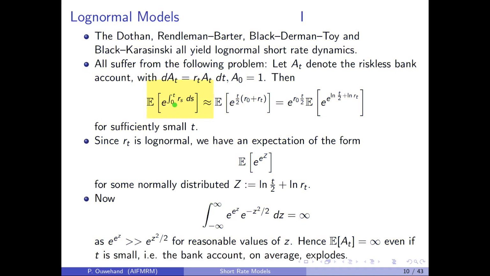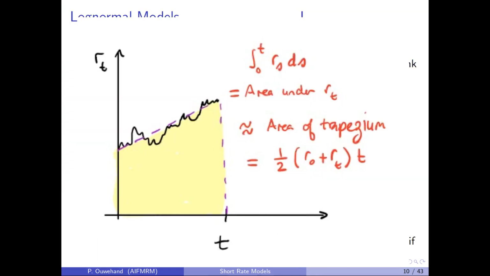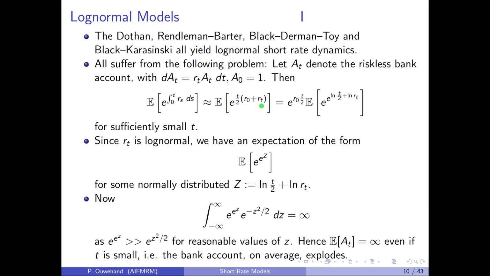Here we approximate this integral inside the exponential using the trapezoidal rule for integration with just one trapezium, and we can do that if t is sufficiently small. Then, since r0 is known, we can take out this exponential here and manipulate the expression involving RT to obtain the following.